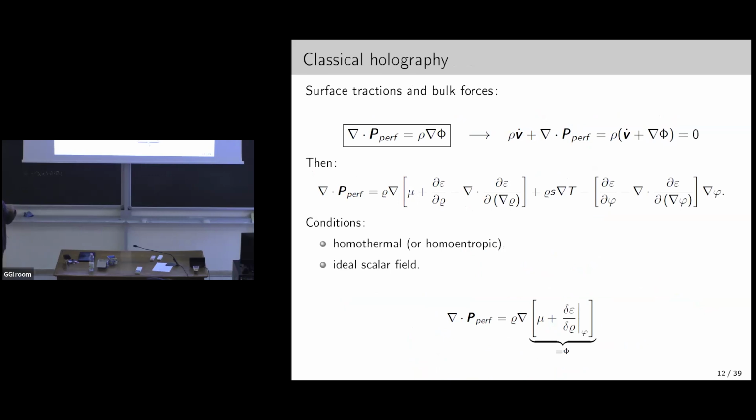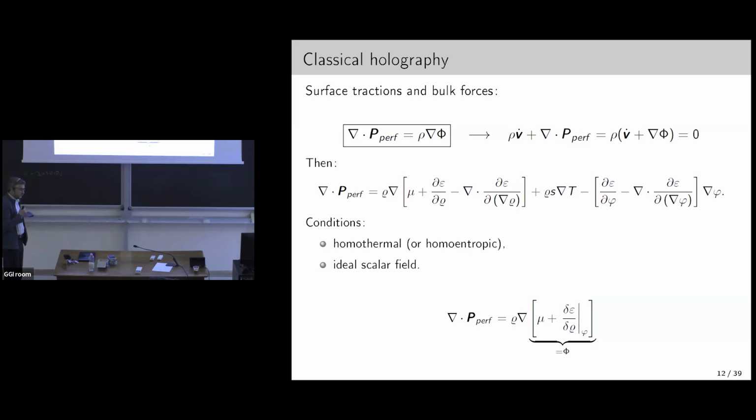However, it has an important simple property, which I call classically holographic, in the sense that the divergence of this perfect pressure can be written as rho times the gradient of a potential. So this is not a space-time equality. This is a constitutive equality. So if I know the pressure, I can calculate phi.